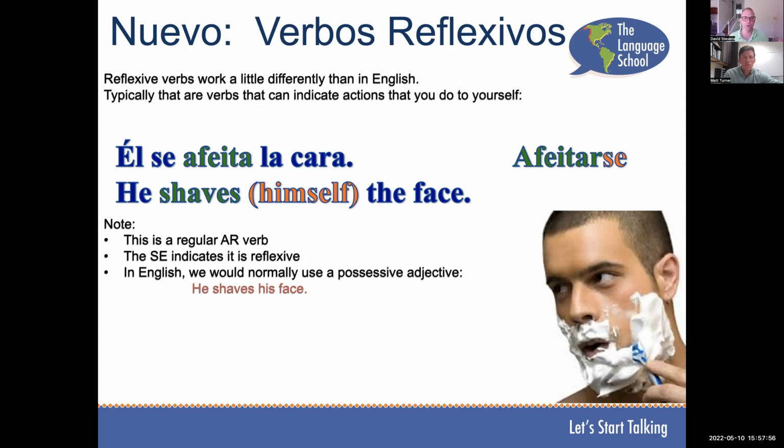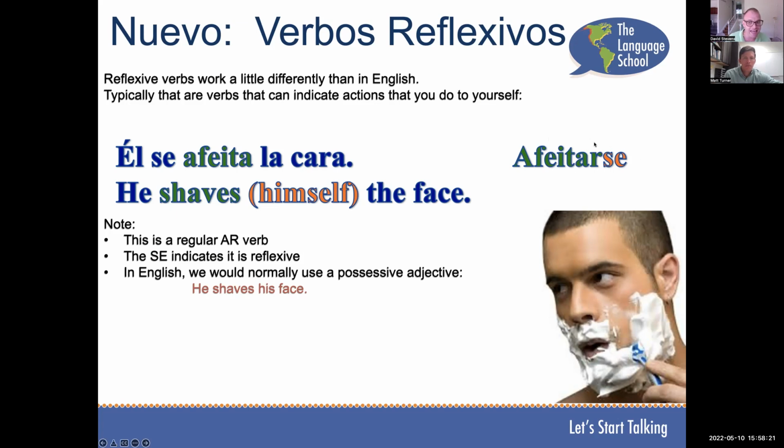Where somebody is doing something to themselves. Of course, this is one of those areas where we don't talk this way. I would never say I shave myself the face, right? But in Spanish, that's what you have to say. So here we're saying, él se afeita la cara. So the verb is afeitarse.